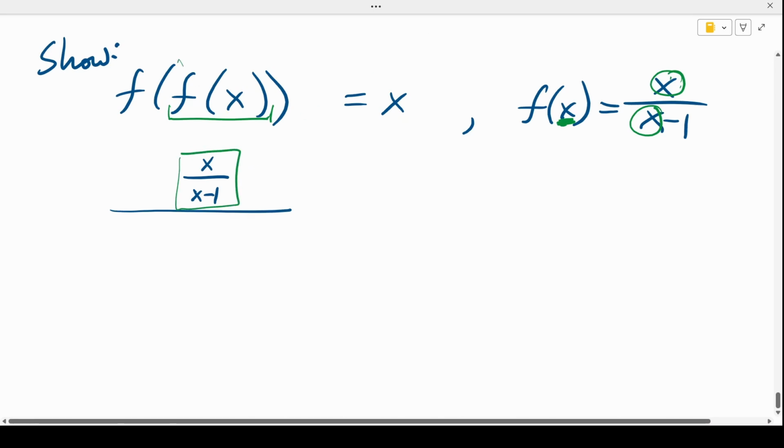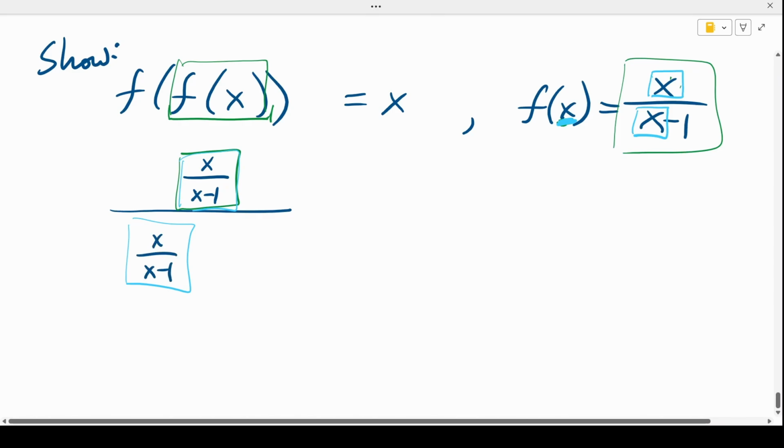This here is f of x. That's going right in this spot here. And then I also need f of x in this spot down here. So I'll do it. I have x over x minus 1, and then a minus 1, like that. So f of x itself has been put everywhere that there's an x in f of x. This is f of x.